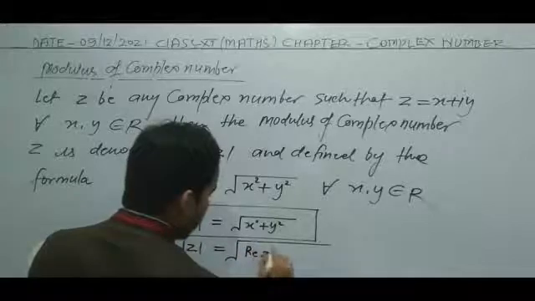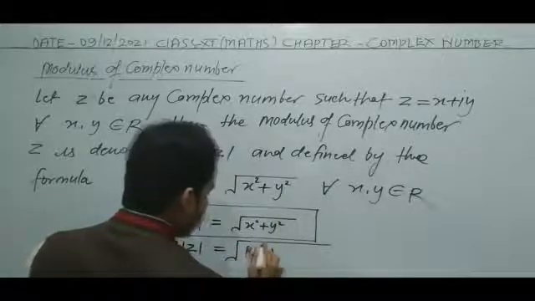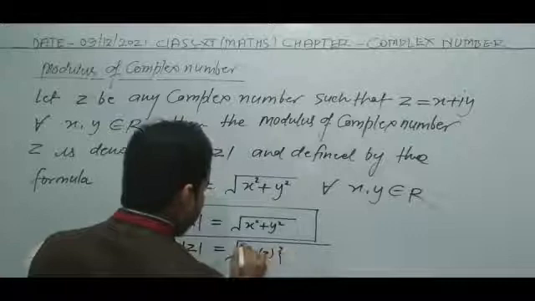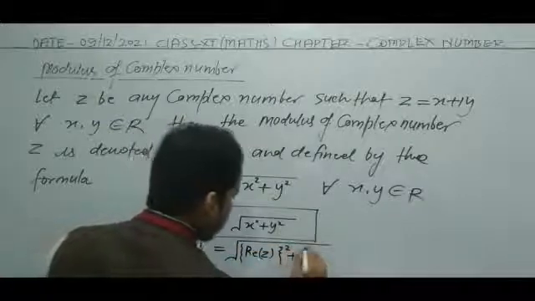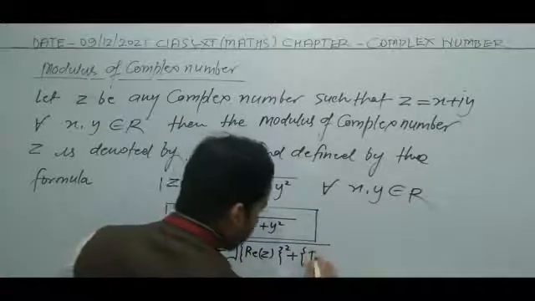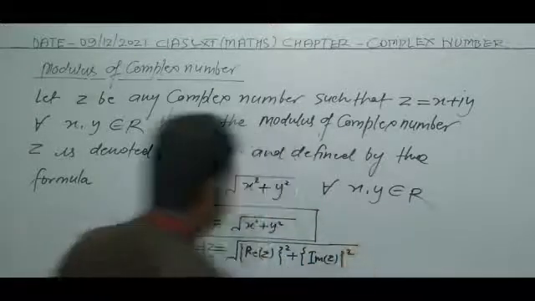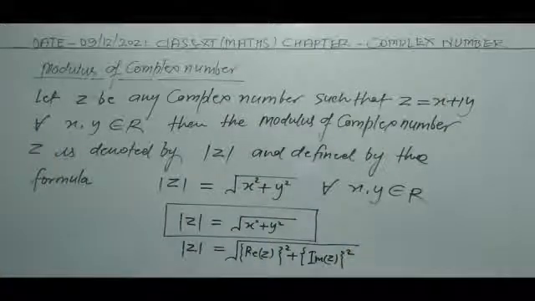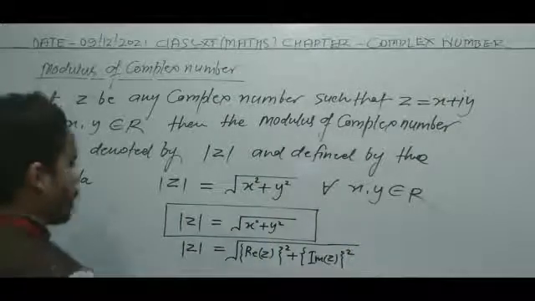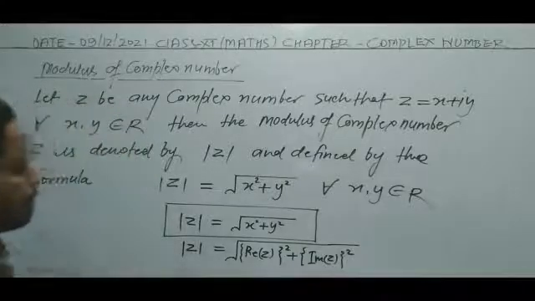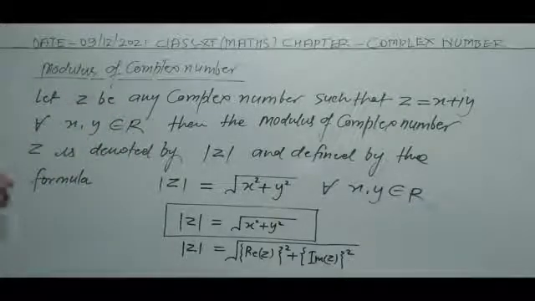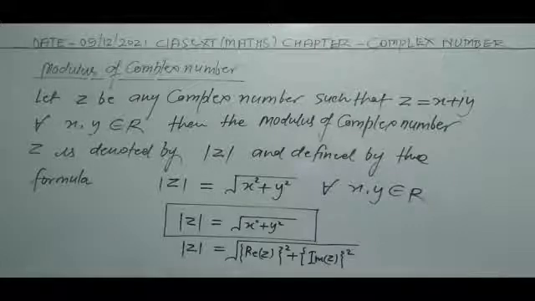X is the real part of z whole square plus imaginary part of z whole square. Now this is also the formula. And this result is always greater than 0.